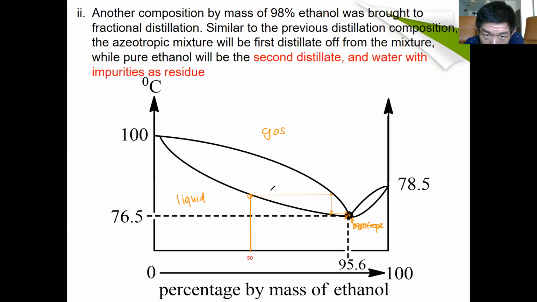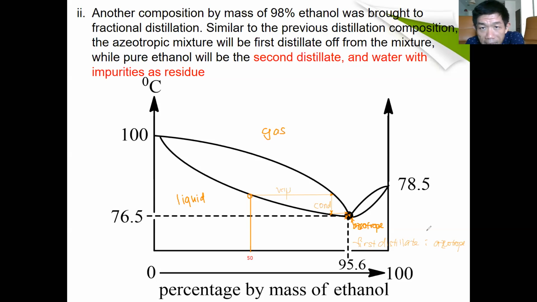So after a series of vaporization and condensation, eventually our first distillate will be the azeotrope mixture. That means the first to come out is the azeotrope.